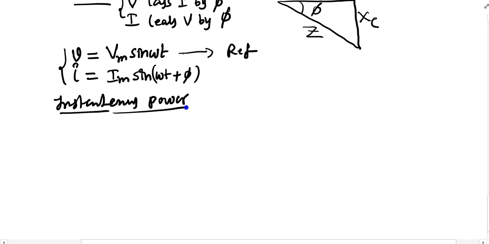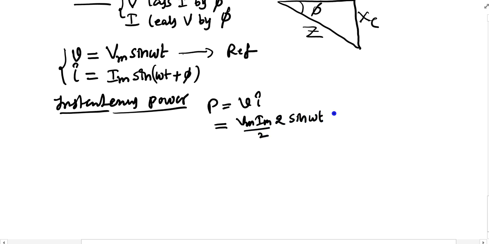Now come here, we'll see what the instantaneous power could be. You know this is V into I. Again the same operation we have to do here: Vm and Im, and sin omega t into sin(omega t plus phi). These are the multiplications I'm doing.